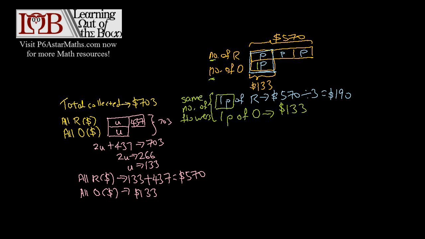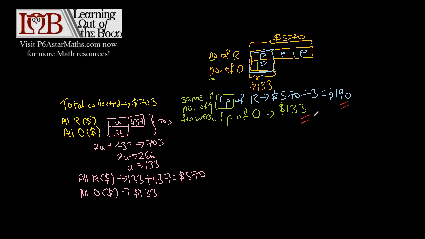And why is there a difference in the dollar value, even though the number of flowers is the same for roses to that of orchids? The reason is because each stalk of rose costs 150 more than a stalk of orchid.